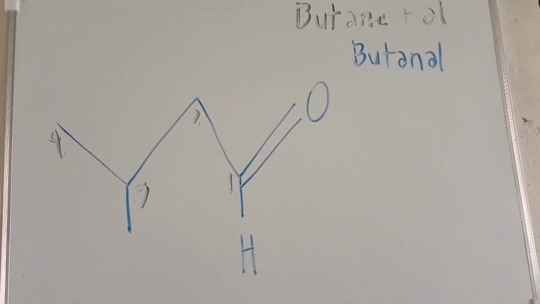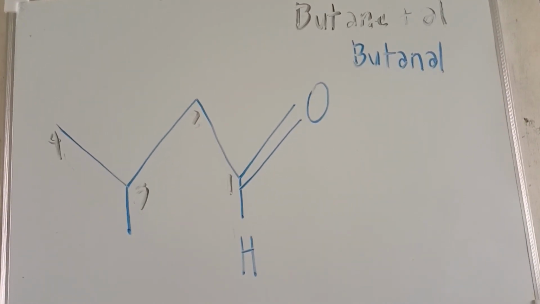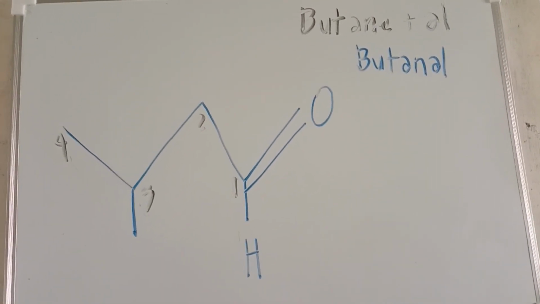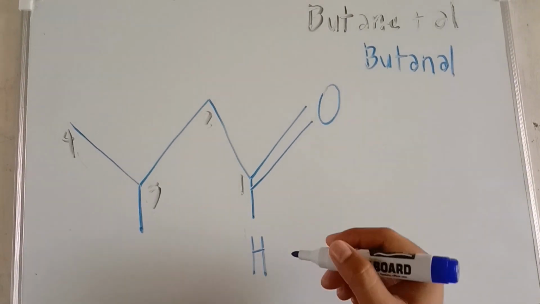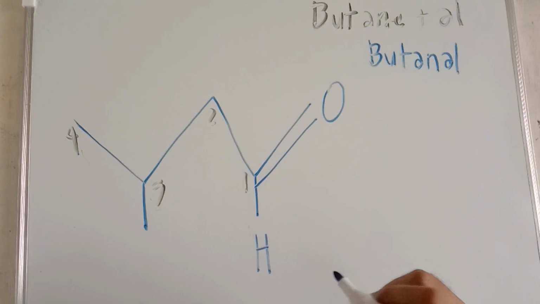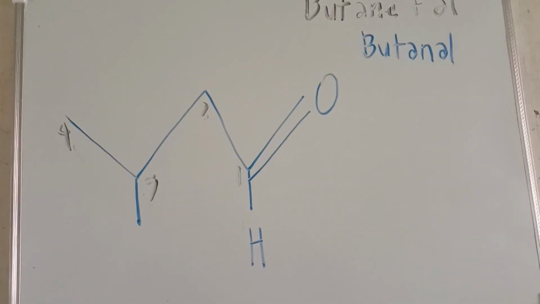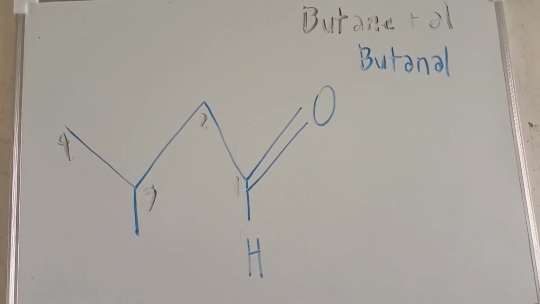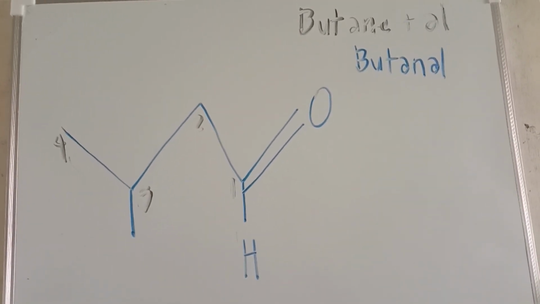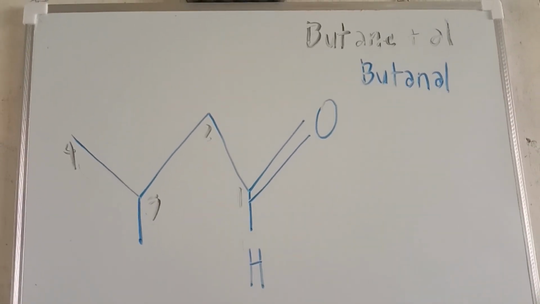Now, rule number 3 is number the parent by assigning the number 1 to the carbonyl carbon atom of the aldehyde group. Since we already have the numbering, 1, 2, 3, and 4. Rule number 4 is to determine the identity and location of any substituent and append this information to the front of the parent chain name.